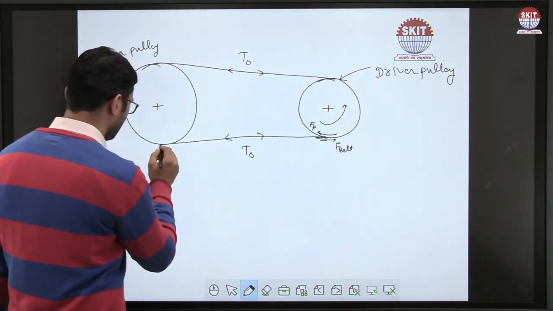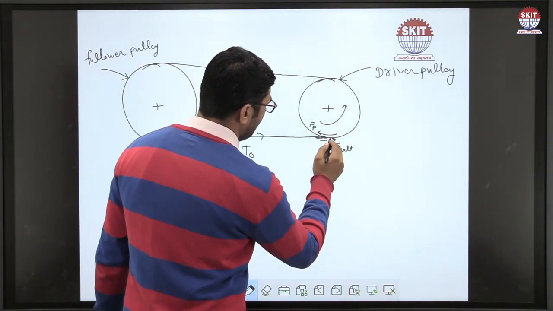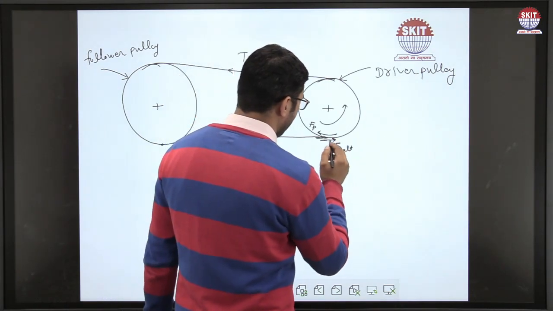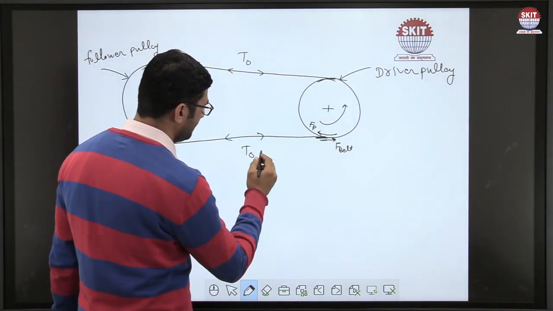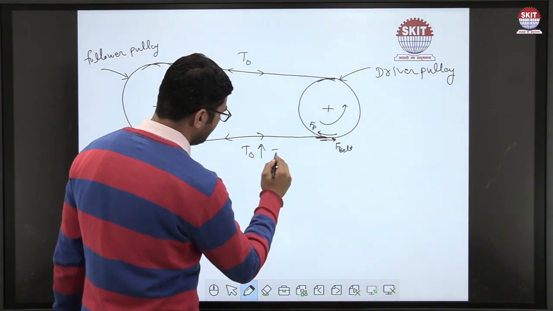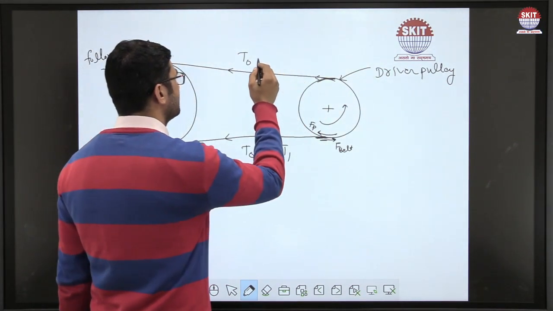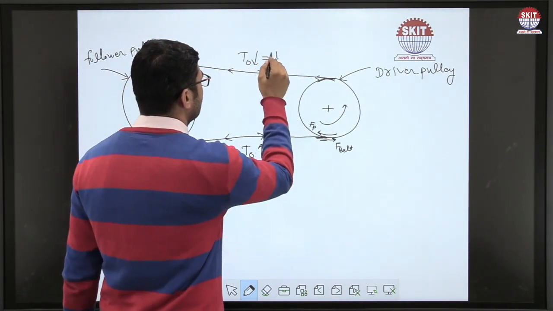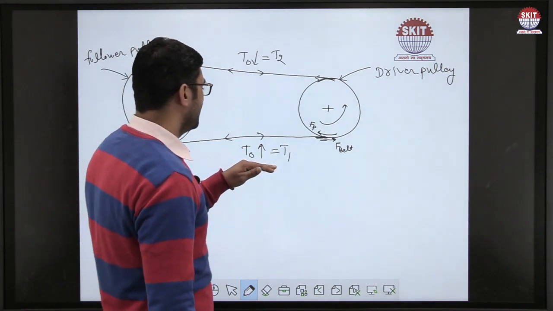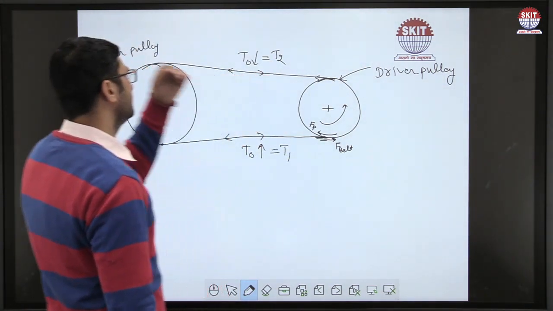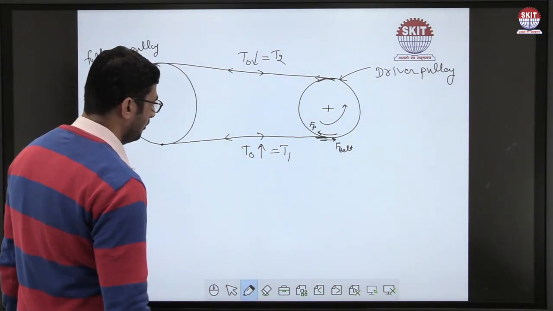So this portion of the belt is at rest, and this increases the force in the belt on this side. So the initial tension is increased and this is the T1 side, and when the belt moves in this direction, the tension on this side is decreased and converted into T2. In this case, the lower portion of the belt is tight and the upper portion of the belt is slack, but this is not always true.